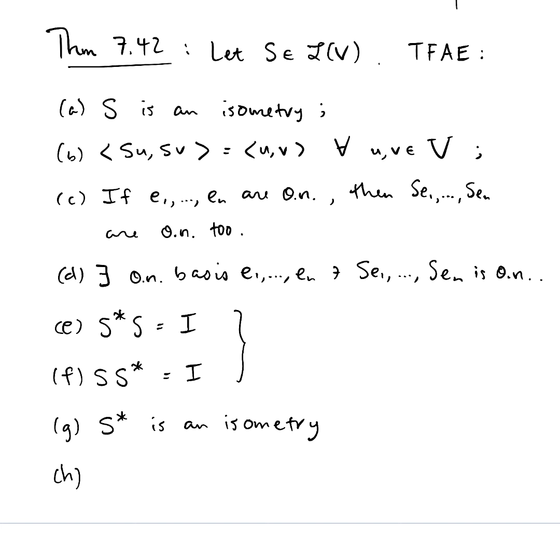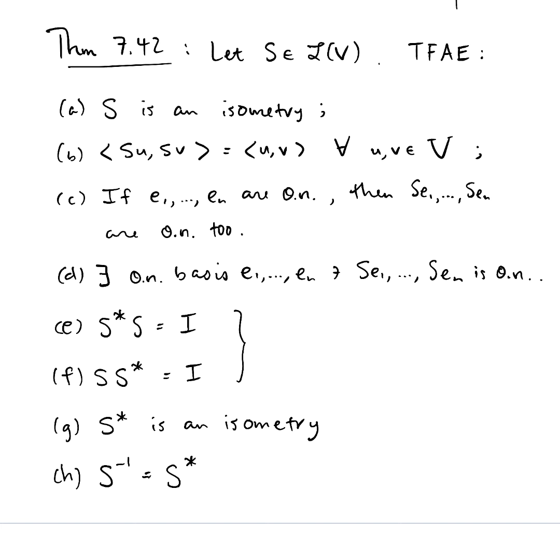Like S kind of goes left to right, S star goes back right to left. It kind of looks like the picture for inverses. And we said, no, not usually. There's no reason to believe that. Well, here we finally get the complete answer. S inverse equals S star is equivalent to S being an isometry.